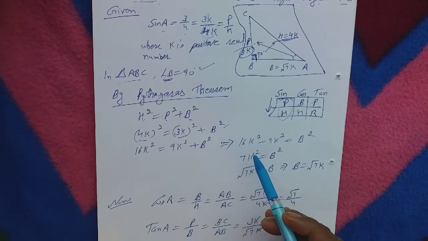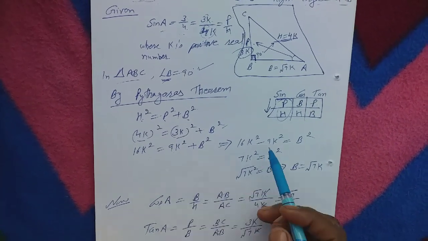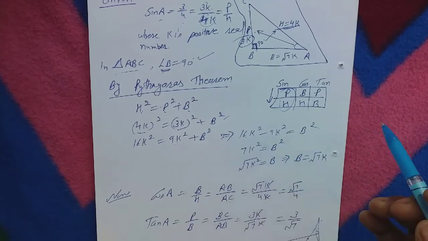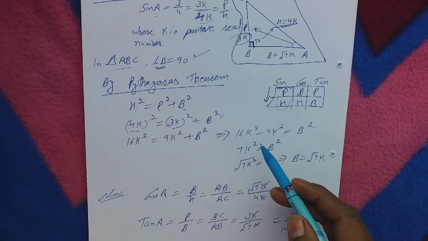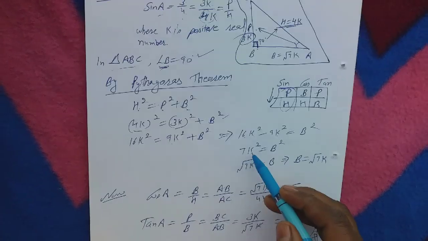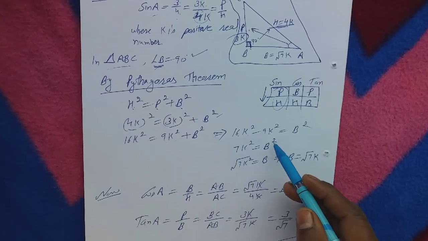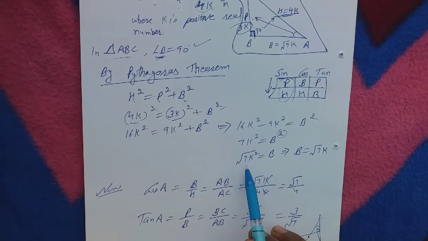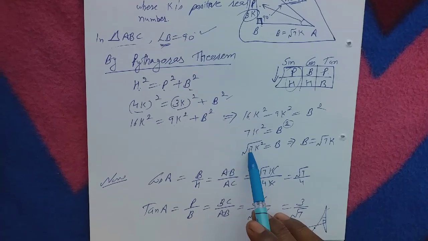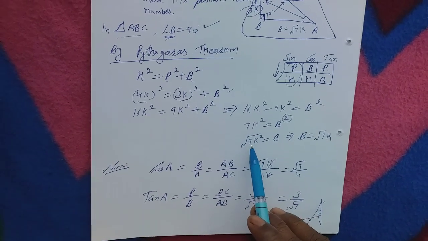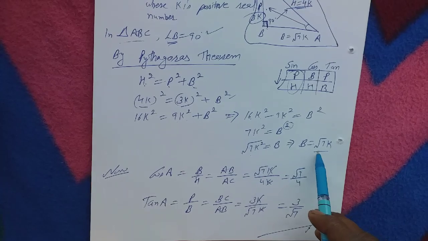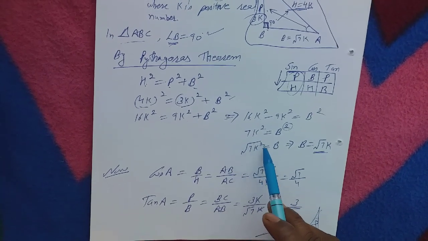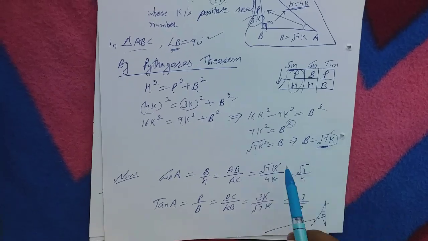Now 16k square minus 9k square equals B square. After subtracting you will get 7k square, and this square will be converted into a square root. The square root of 7 is not a perfect square, so it stays under the root, and the square cancels with the root, so only k is left.